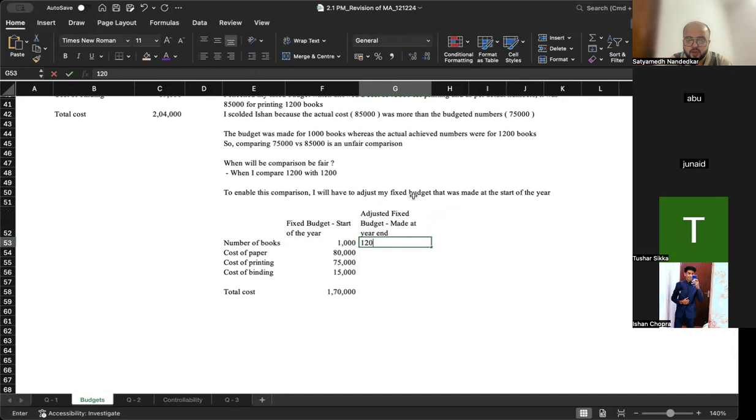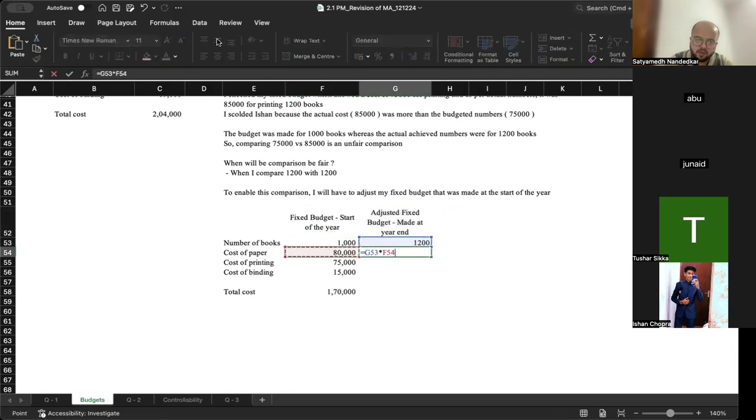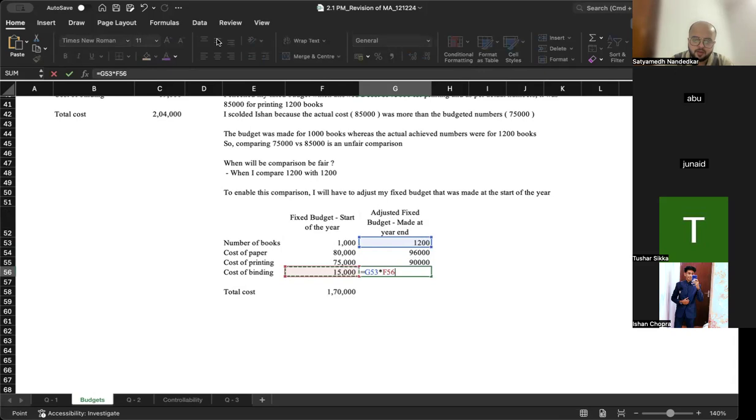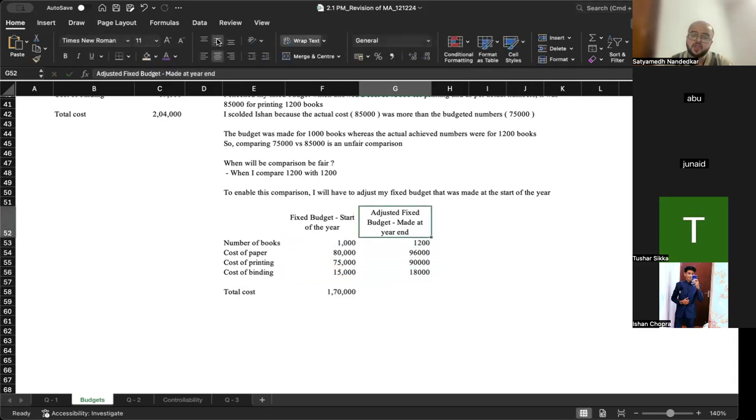How many books did you actually print? 1,200. Now for 1,000 books, the cost of paper is 80,000. So for 1,200 books, the cost should be 96,000. The cost of printing should be 90,000. This should be 18,000. This is the adjusted fixed budget, which is also known as the flexed budget.